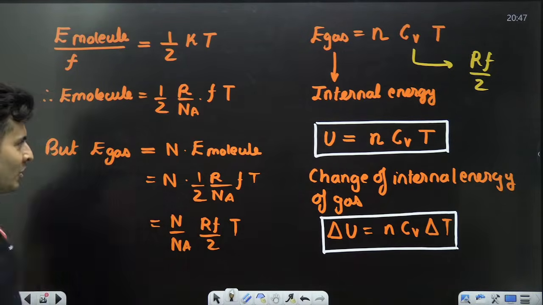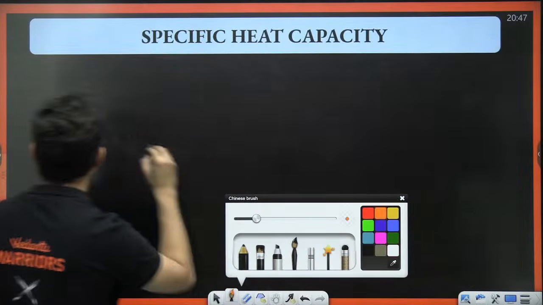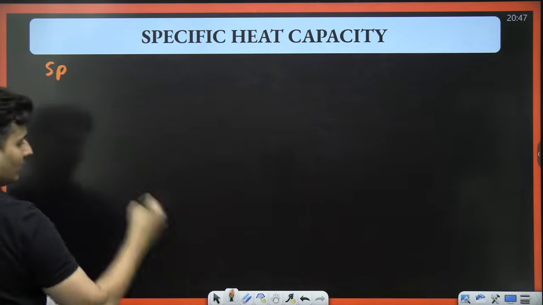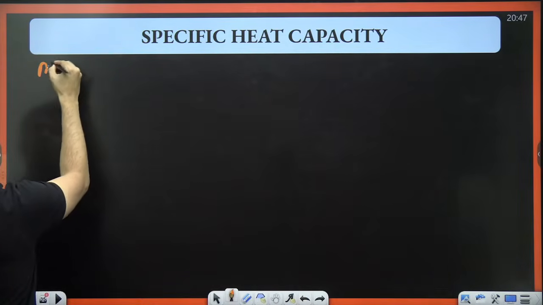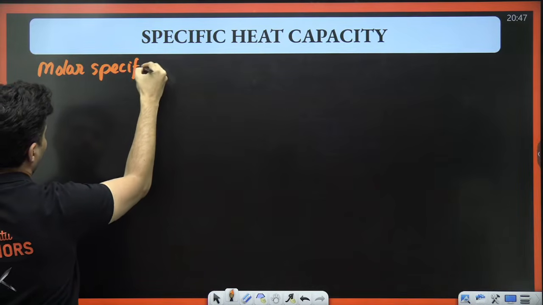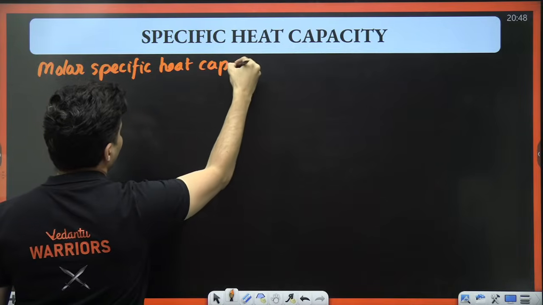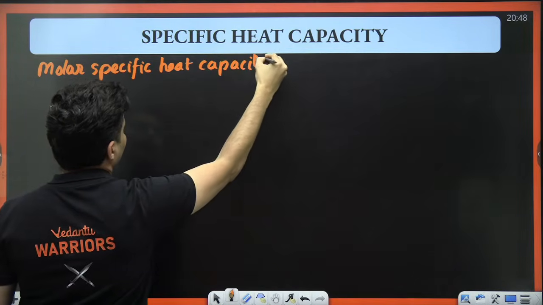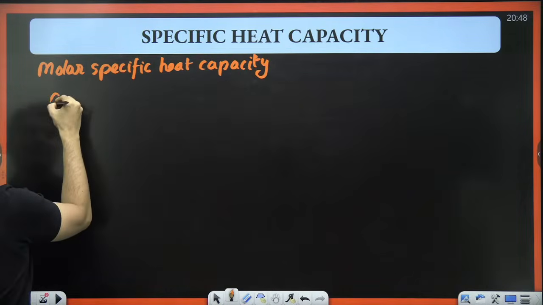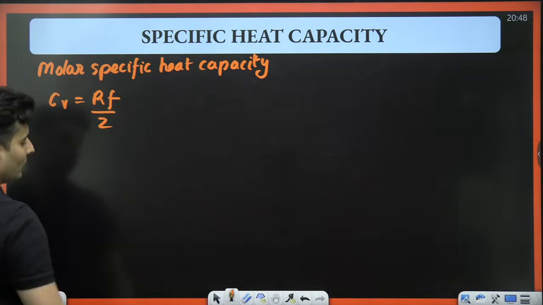Very good. So from this, I got to know that the molar specific heat capacity Cv is nothing but Rf by 2.